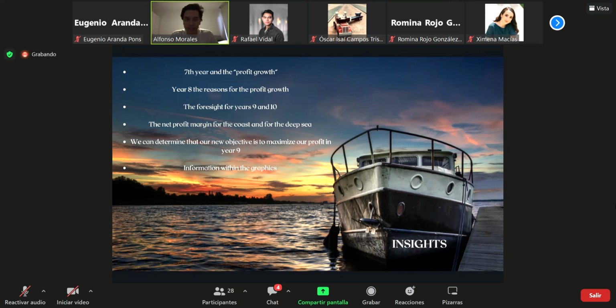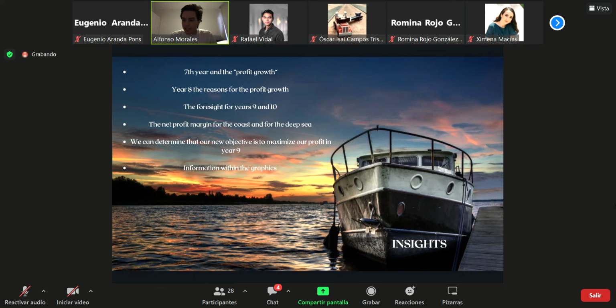During year 8, we had 88% growth for 2 reasons. The first one is that the company didn't lose any money, and we caught more fish in the deep sea than expected. The third insight is that the foresight for years 9 and 10 is very optimistic based on the performance of year 8 and the unbeatable position that we have in the deep sea.